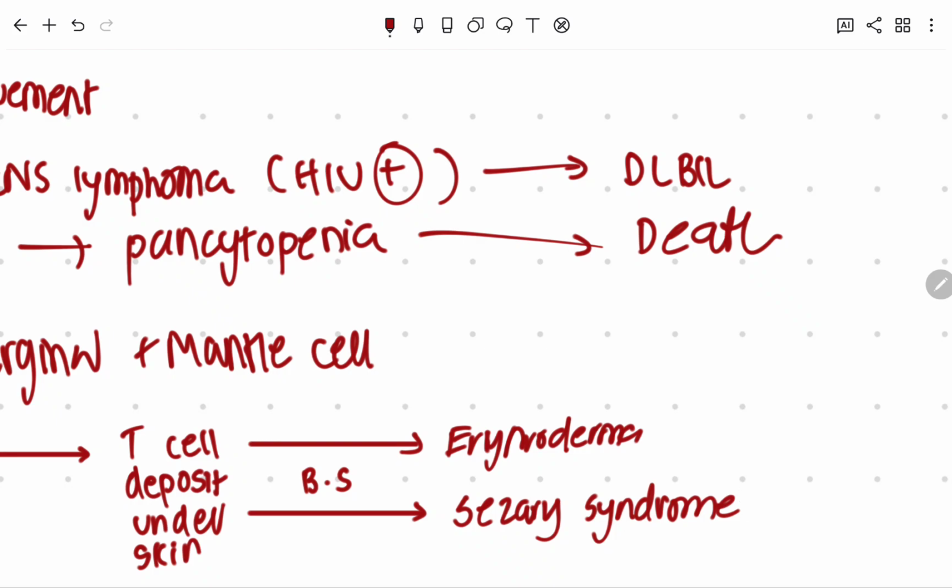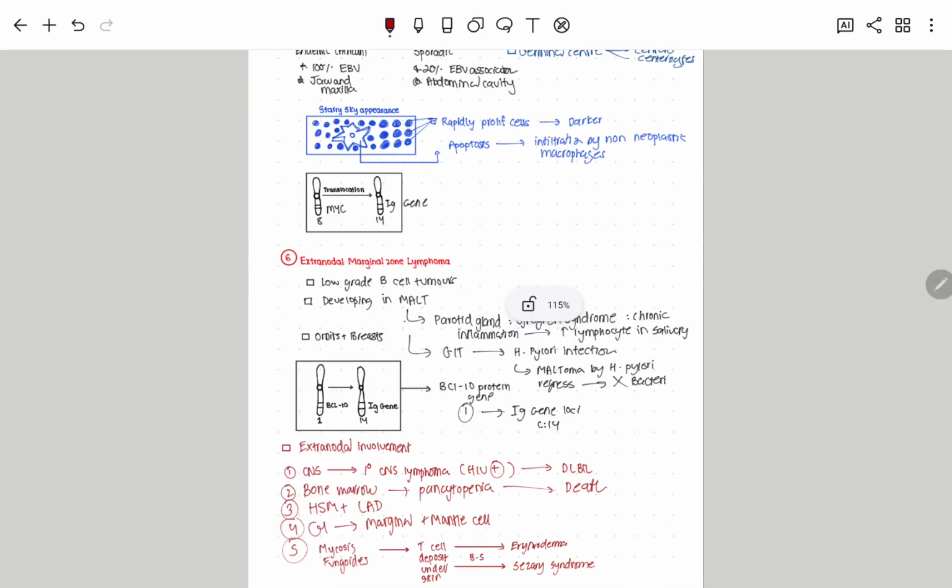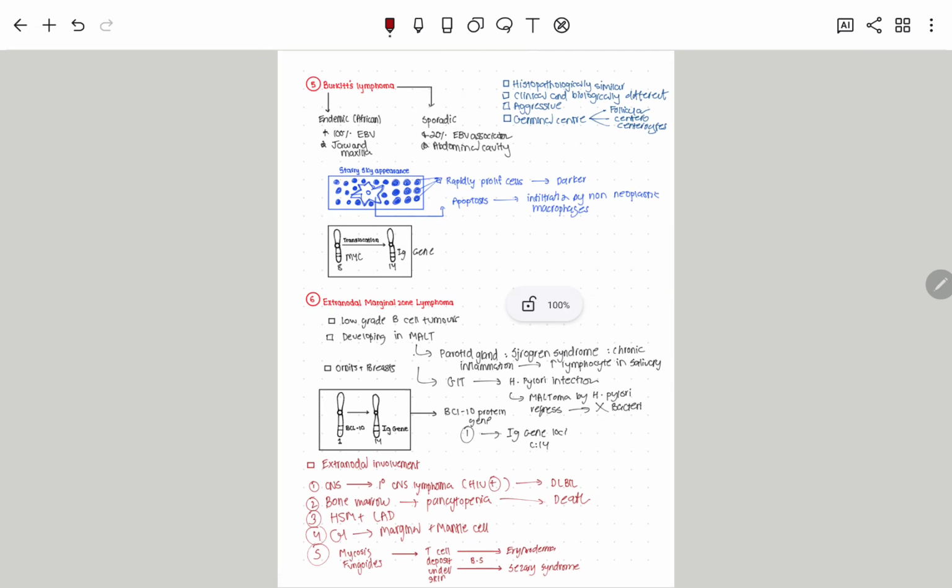So neoplastic T cells, as part of a T cell non-Hodgkin lymphoma, depositing into skin tissue cause mycosis fungoides. And then once these T cells end up entering the bloodstream and disseminate to other different parts of the body, they can form further erythroderma throughout the whole body. You can have a disseminated rash, and once this happens, this is known as Sézary syndrome. And that should be it for non-Hodgkin's lymphoma.